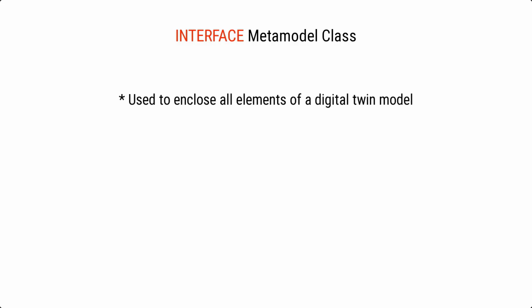Now that we've described the individual usage of Metamodel classes, how do we then combine these elements into a complete digital model that represents, for example, a complete filling machine? The interface Metamodel class is what you use to enclose all elements of a digital twin model. In other words, an interface class allows you to describe all the elements that make up a complete digital model.